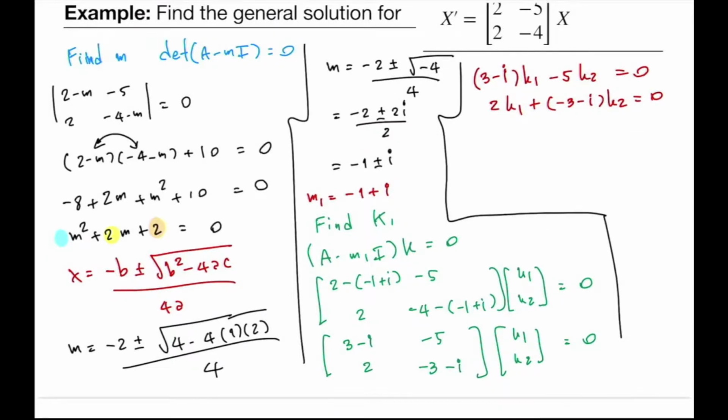Then we need to write k2 in terms of k1. So from here, we have that 5 k2 is actually (3 minus i) k1, which means that k2 is (3 minus i) divided by 5, times k1.